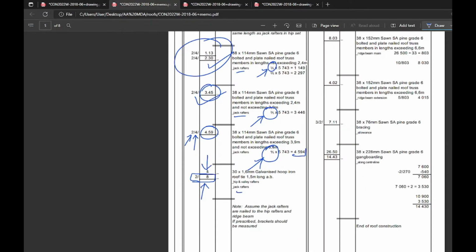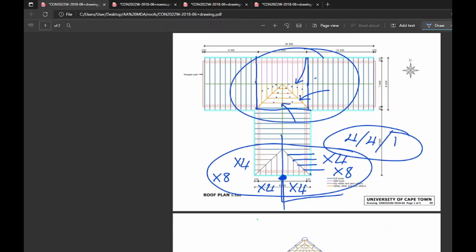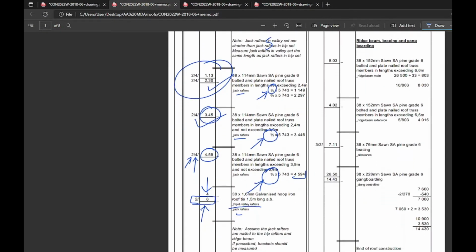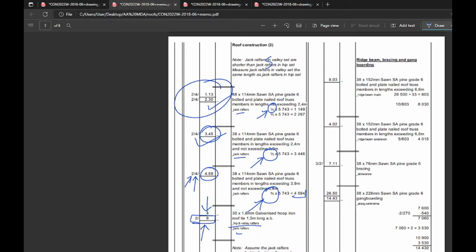This one is because they have grouped hip and valley rafters as well. So there's our 2 valley rafters. Here's our hip rafter, 1, 2, 3, 4. And it has gone into our description, our measurement. I'm happy with that. We can move on.